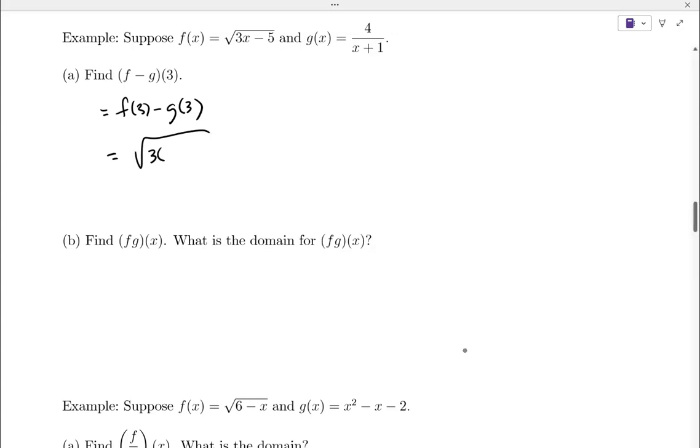Square root of 3 times 3 minus 5, right? And g of 3 would be 4 over 3 plus 1, right? 3 times 3 is 9 minus 5 is 4. Square root of 4 is 2. 4 over 4 gives me 1, so we get 1 there. This one was asking us for an explicit value, right? Plug in the 3 into both of them.